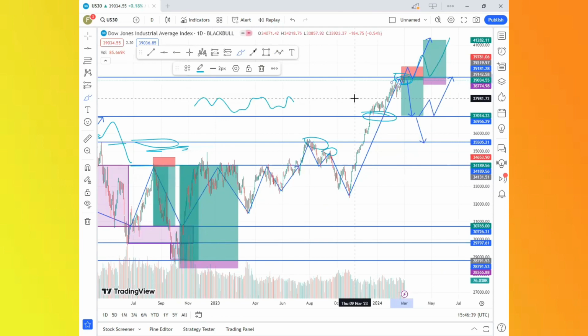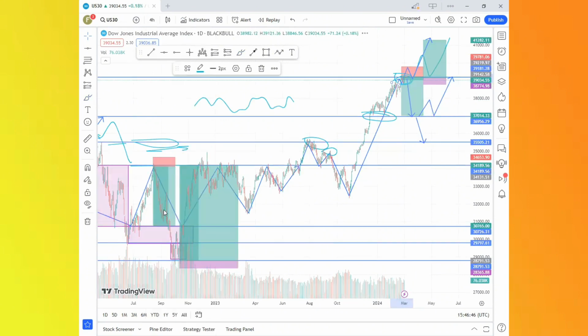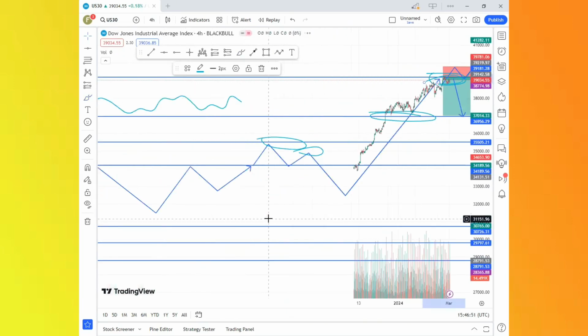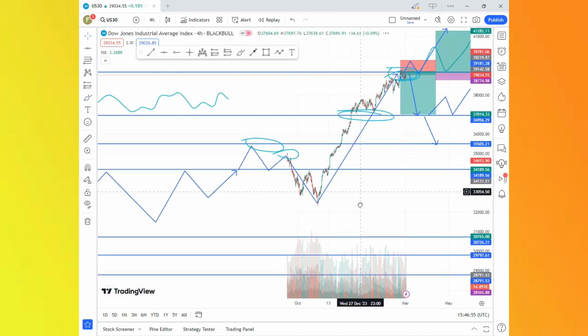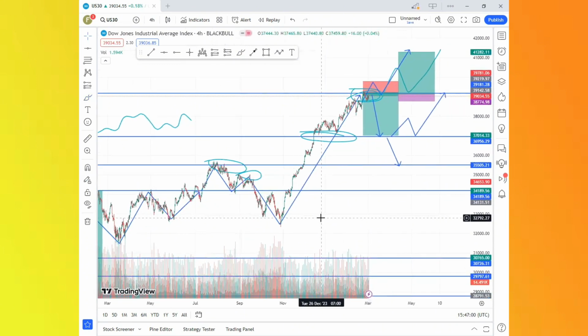So let's move into a 4-hour time frame to see if our level will be a level whereby we'll be able to enter our trade. Okay, let me do this. We can clearly see that the market played at this point here, played beautifully at this point here.